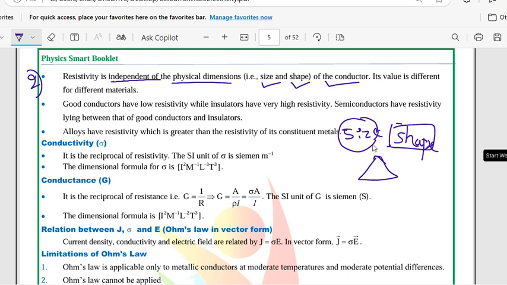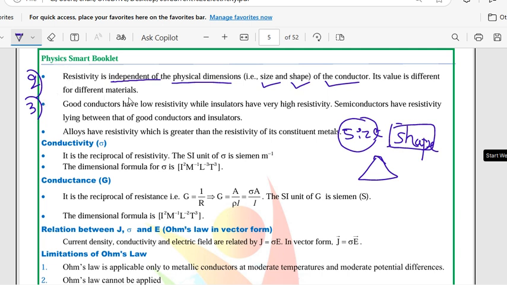So this is one property, and this is also one factor.